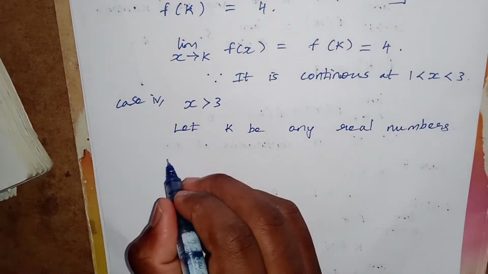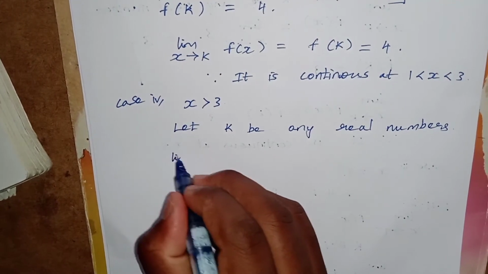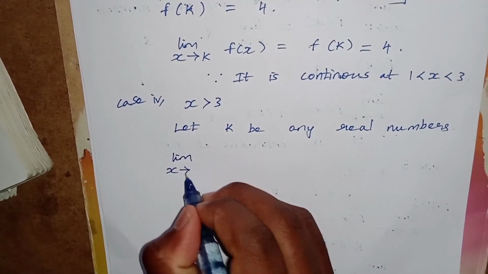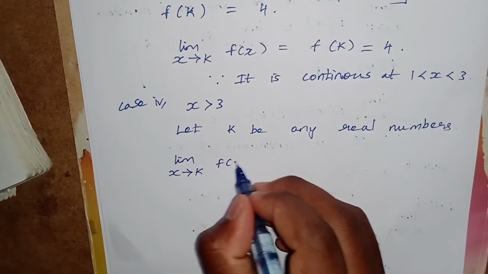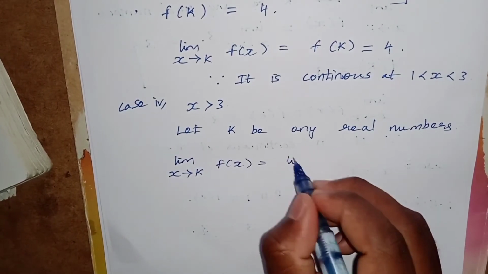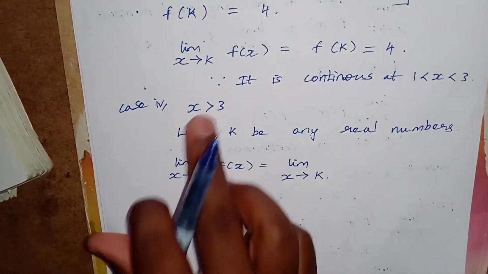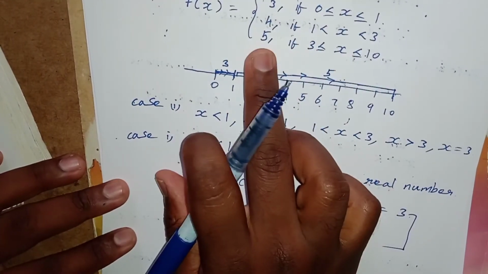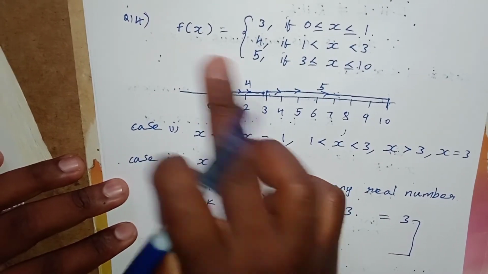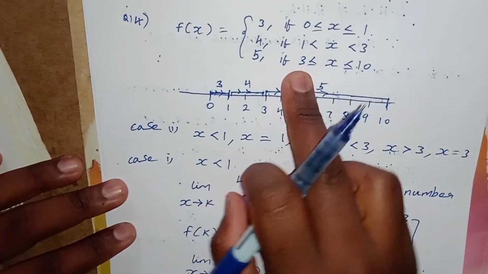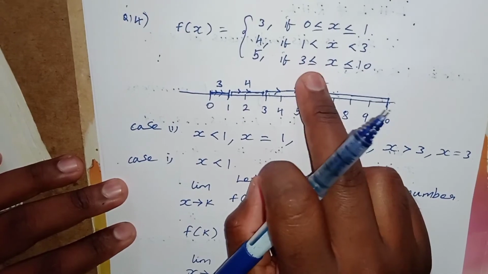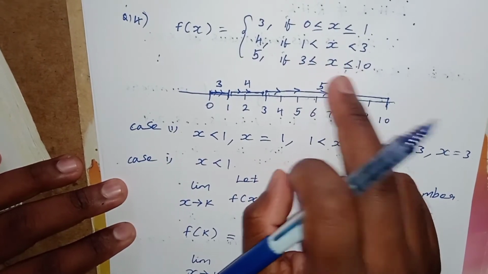Here general formula, limit x tends to k, f of x is equal to limit x tends to k. Here my function for x greater than 3, you have to choose 5. Here f of x is equal to 5 for 3 less than or equal to x less than or equal to 10.